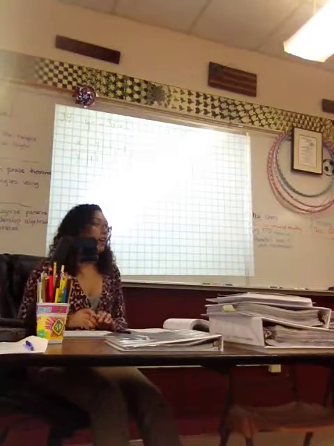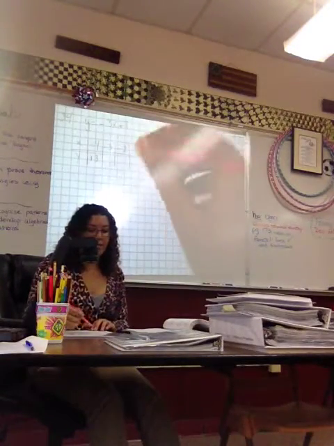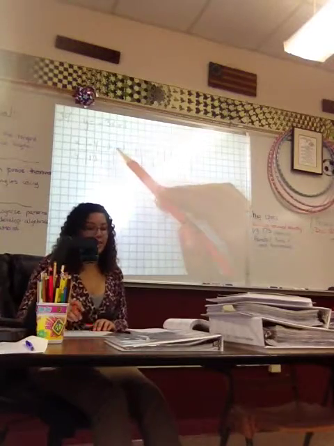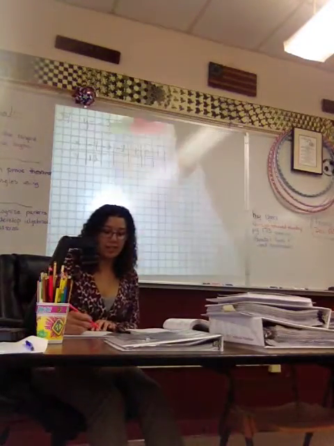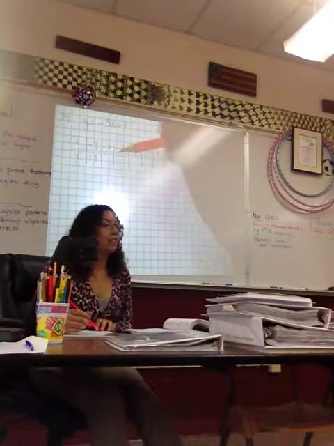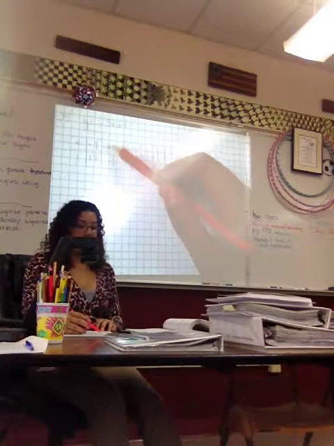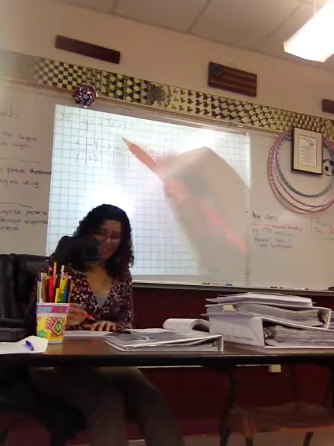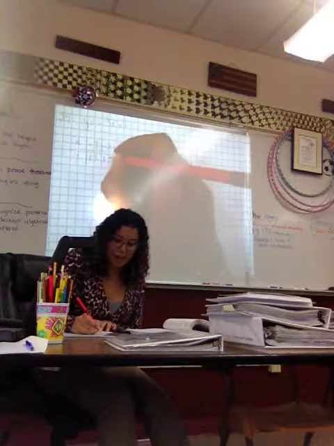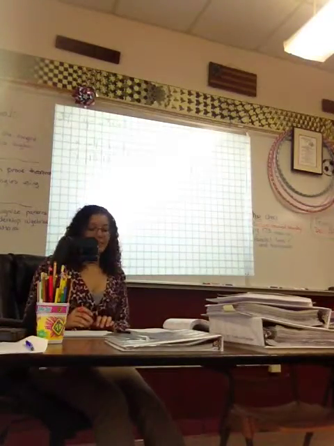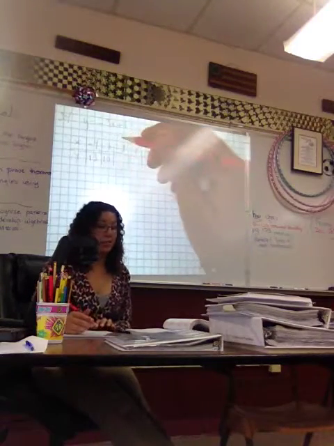Good. And Courtney, how about -3? 9. That's, you put negative 3 into x. The negative 3 times negative 3 is 9. Can't forget 1. And then, Mandy, how about negative 2?